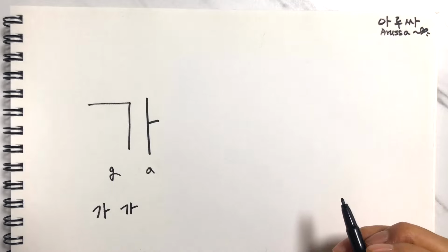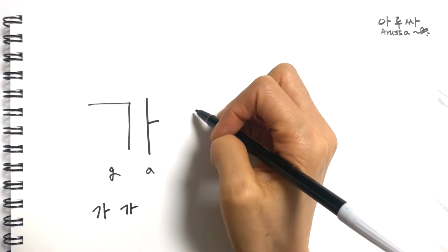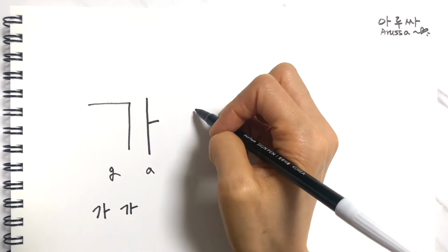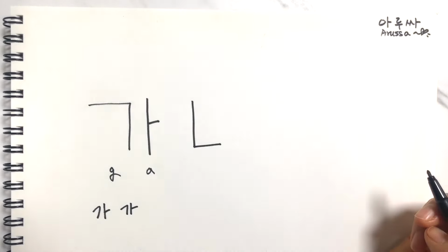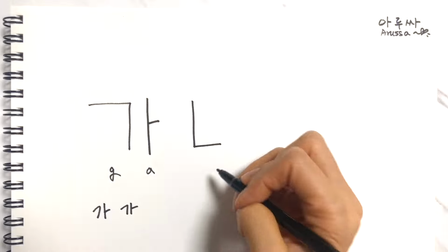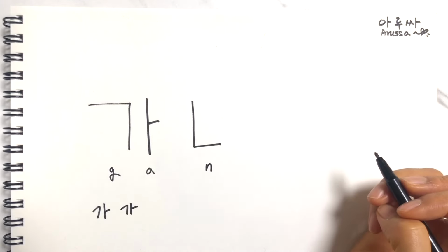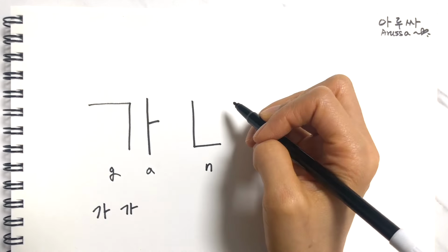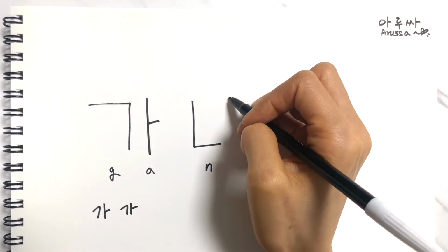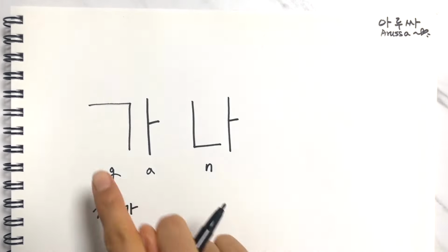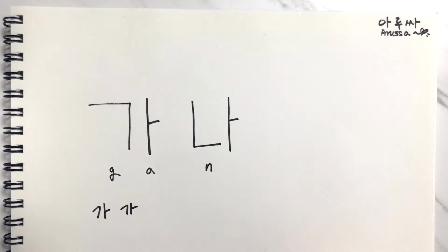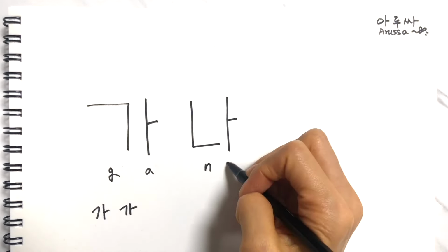Now, next word. Na. So here, 니은, 1, 2. N. And let's put the vowel letter A. So, ga, na.